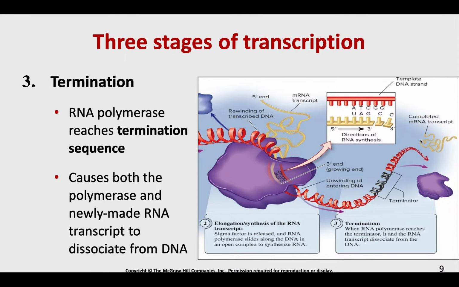We have our completed mRNA. This is basically the same process in eukaryotes, but it's a little more complex and contains many more proteins, which I don't expect you to know, but I do expect you to know that it's basically the same, a little more complex.